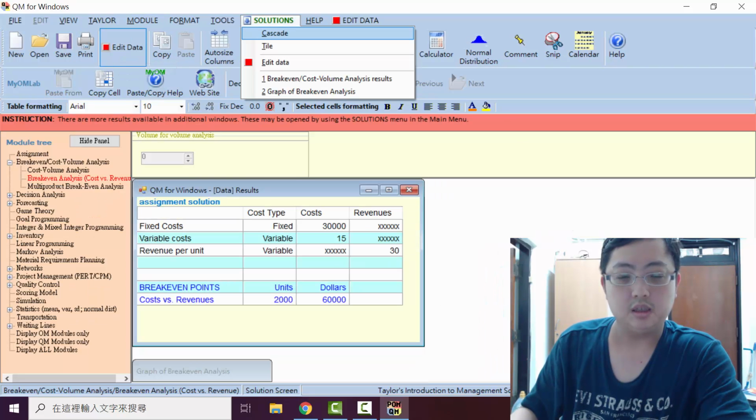And we can see the break-even quantity is 2,000 units. At this quantity, the total revenue is equal to total cost, which is $60,000.